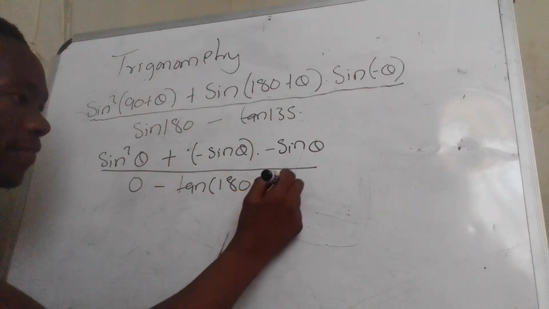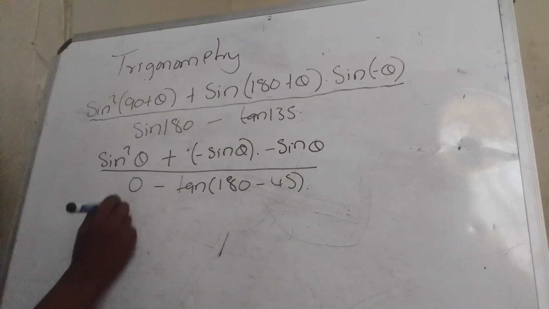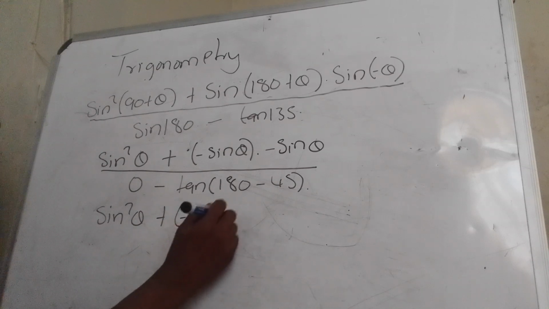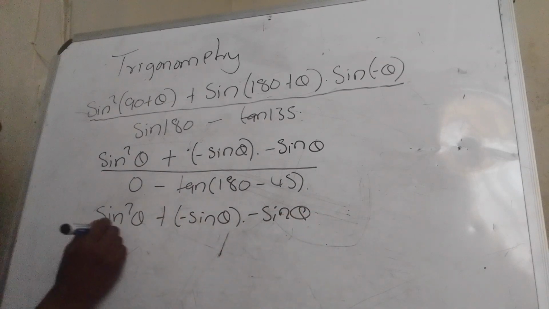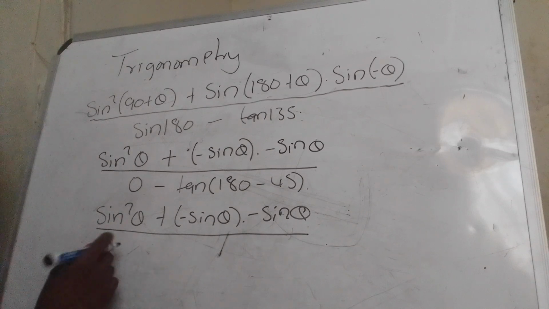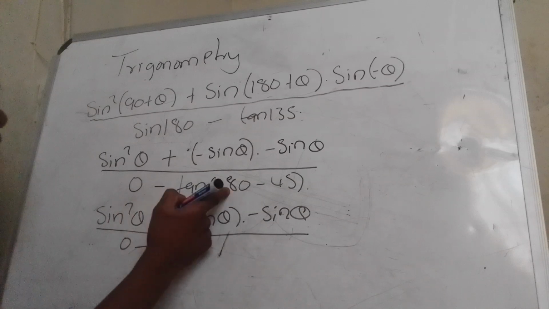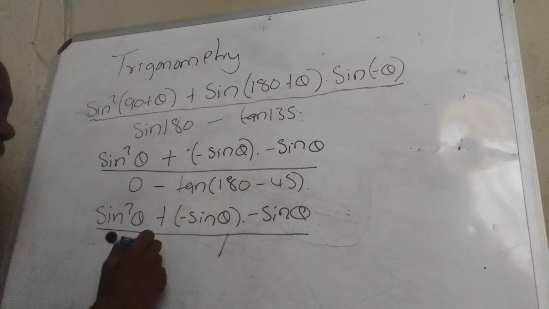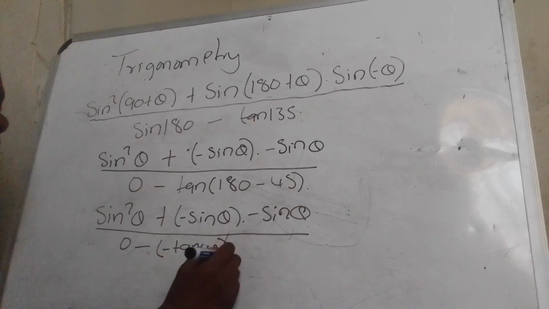Then we have sine squared theta plus negative sine theta times negative sine theta, all over 0 minus. 180 minus an angle is in which quadrant? It is in the second quadrant. How is tan in the second quadrant? Negative. So we're going to have negative tan 45.